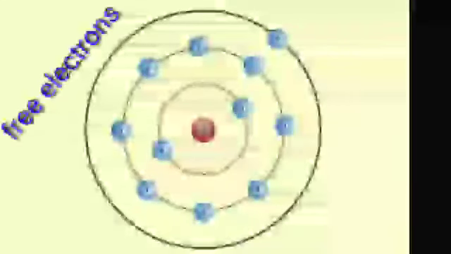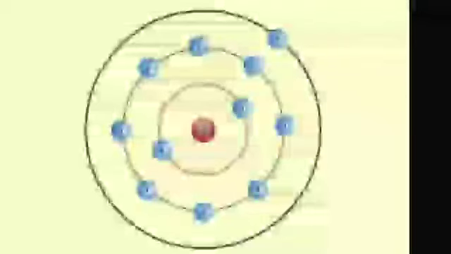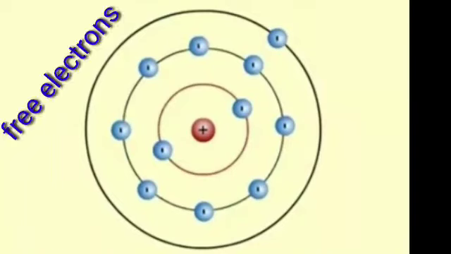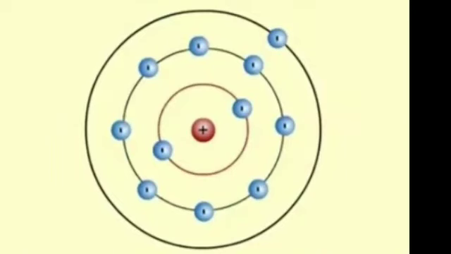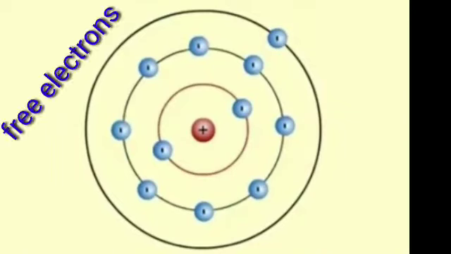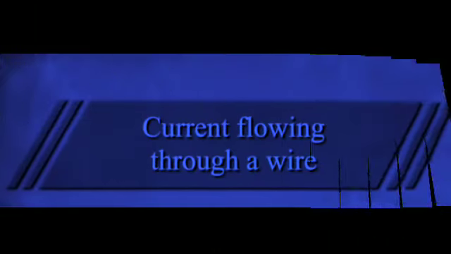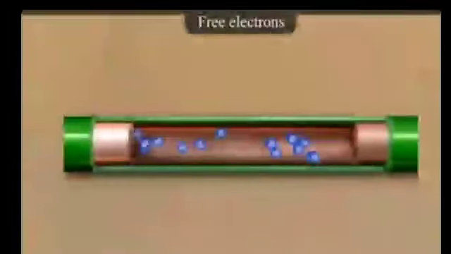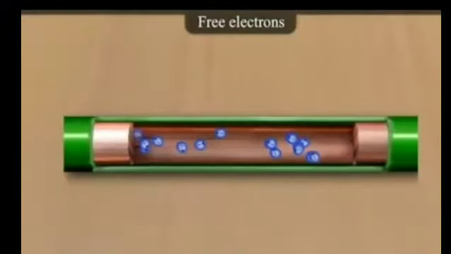Current flowing through a wire. Every atom of a metallic conductor has one or more outermost electrons which are very weakly bound to the nucleus, and these electrons are called free electrons. If a conducting wire is not connected to a cell, its free electrons move randomly in all directions in the space between the atoms.